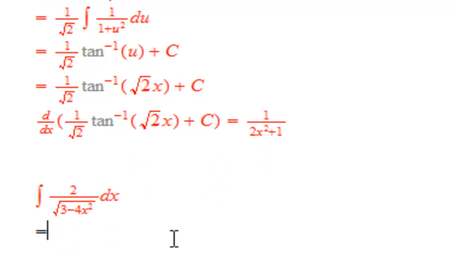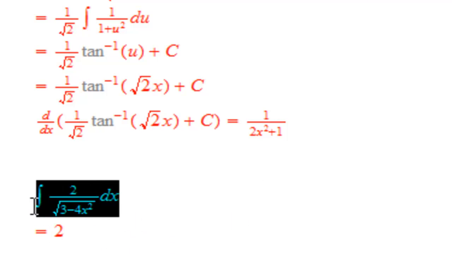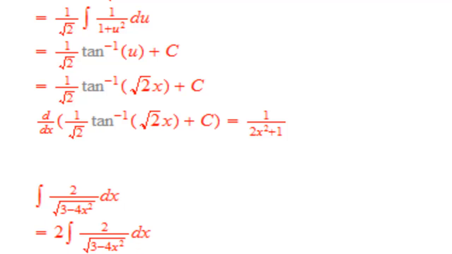Okay, well, the first one's easy. The first step, we just pull a 2 out, right? And then we have what's above there. I'll just copy that integral down, and that'll be a 1.